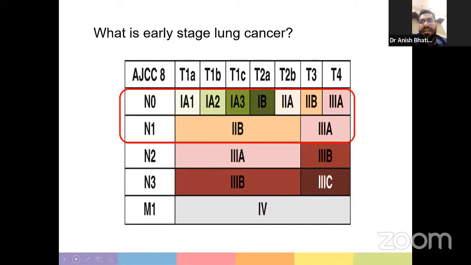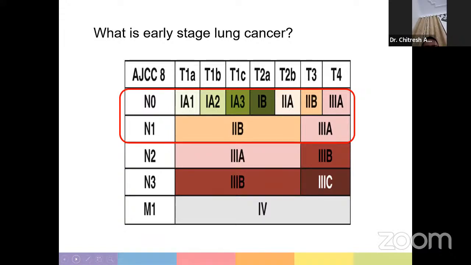As discussed in various previous presentations, we encounter it very infrequently, especially in my limited practice. Dr. Debashish pointed out that it is maybe 20 to 25% of lung cancers, but in our scenario, we hardly get up to 20% early stage lung cancers.